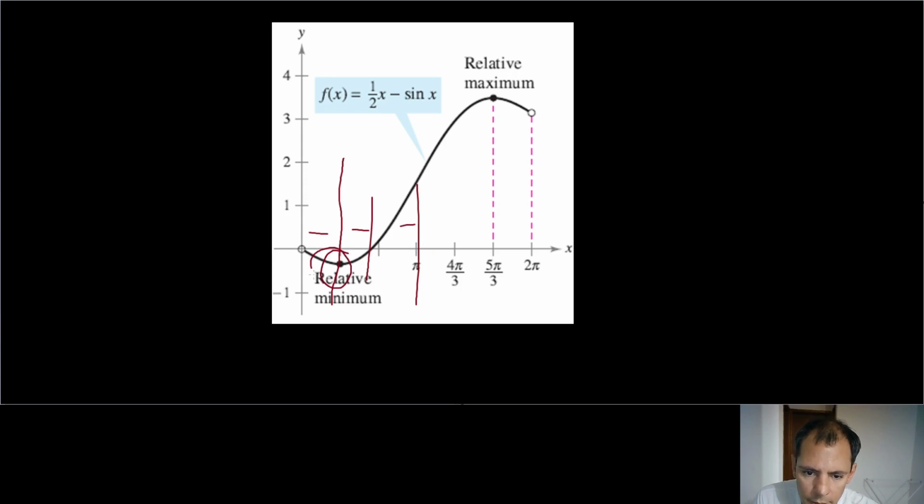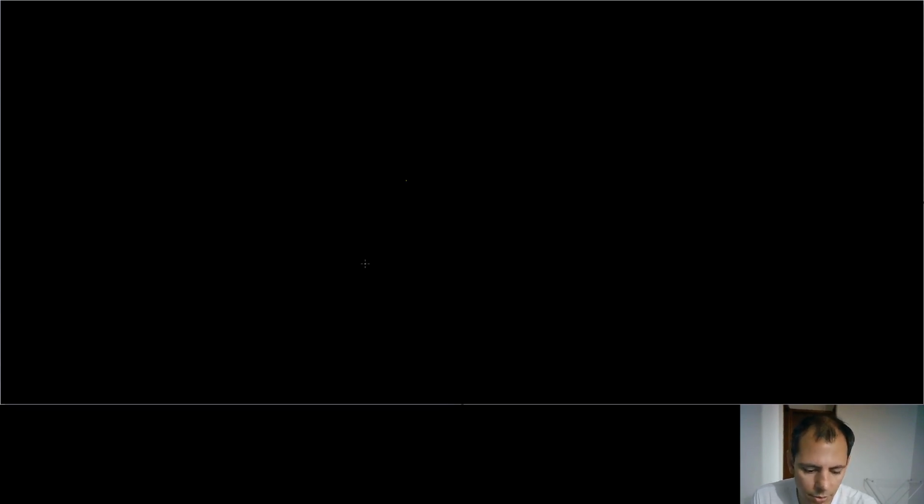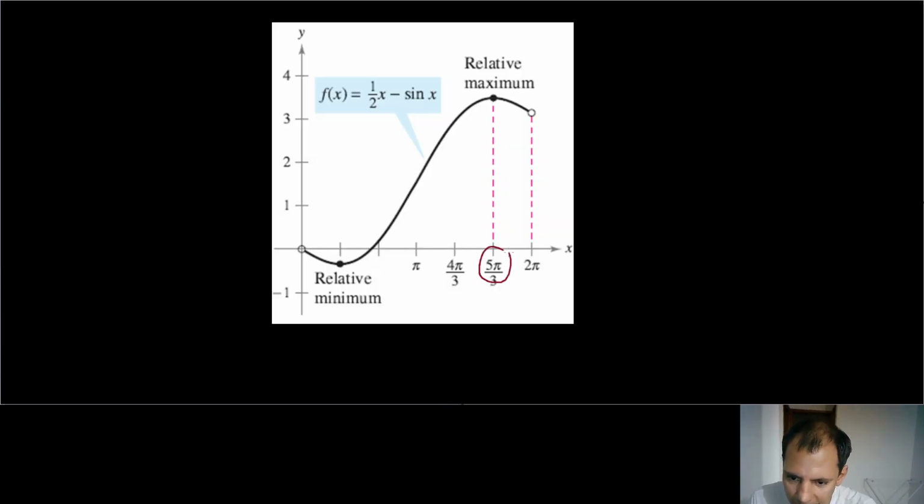Right here at pi divided by 3, what do you have? You have a tangent that's 0, that's horizontal. And here you have 5 pi divided by 3, remember? And here you got another tangent that's horizontal. So that's what the exercise was asking.